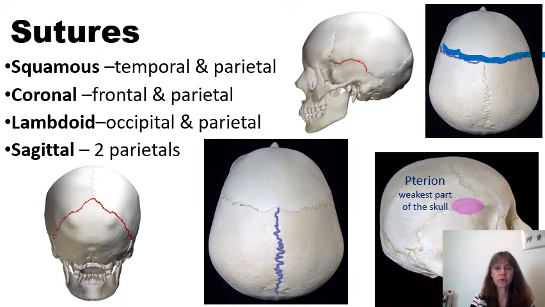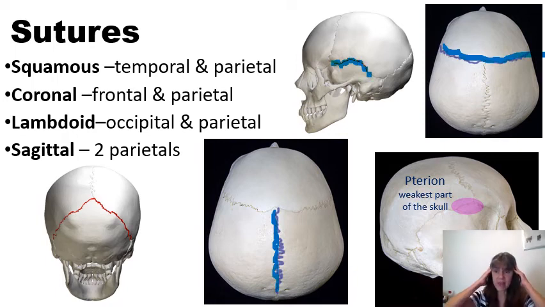Connecting the two parietal bones, we have the sagittal suture. Connecting the parietal and temporal bones, we have the squamous suture. Why is it called the squamous suture?